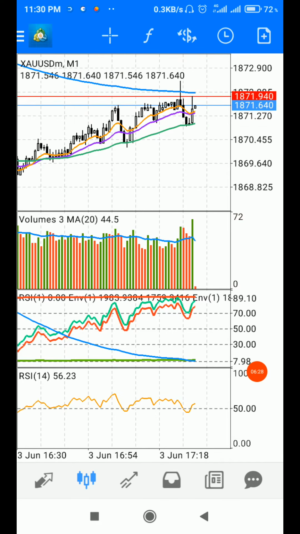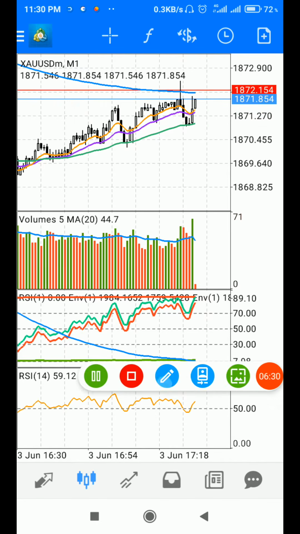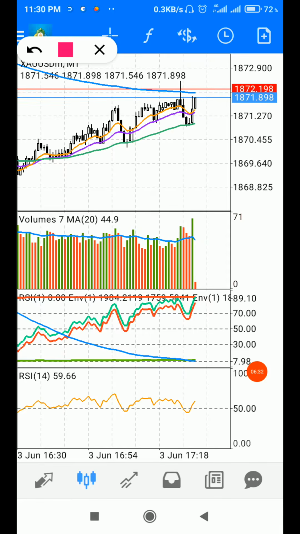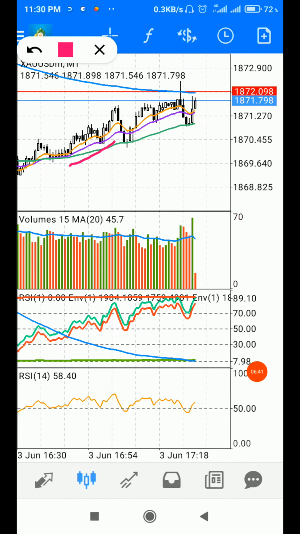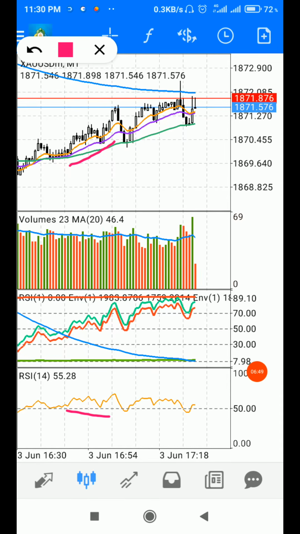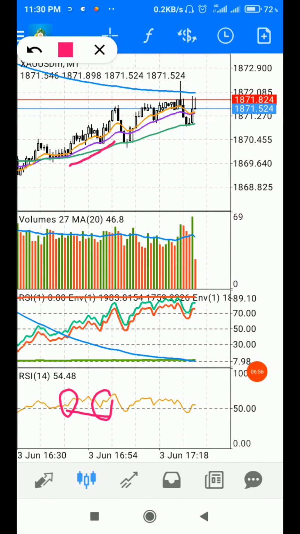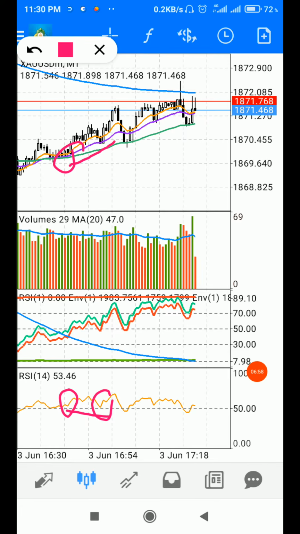If I draw something from here to here, and from here to here, as you can see, this point and this point, and here this point and this point.